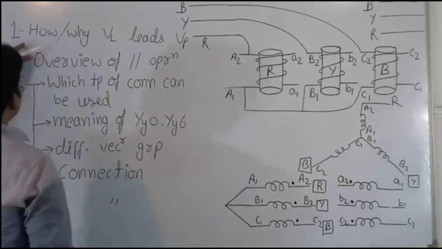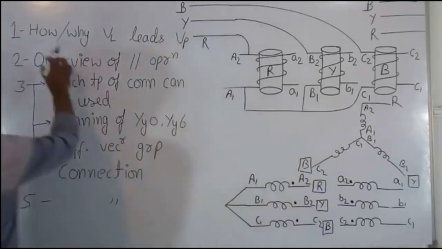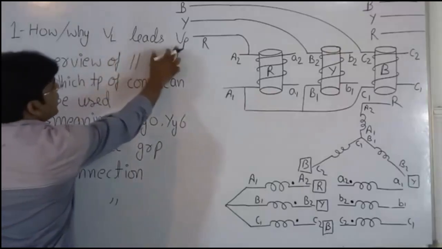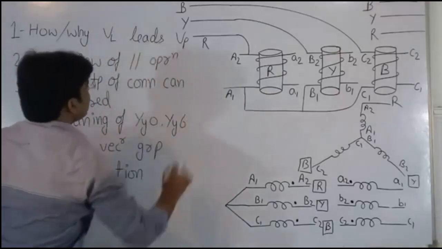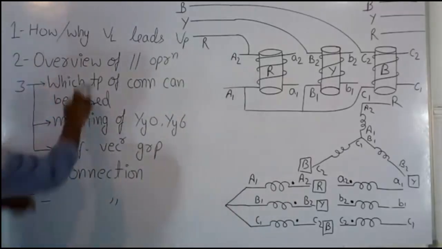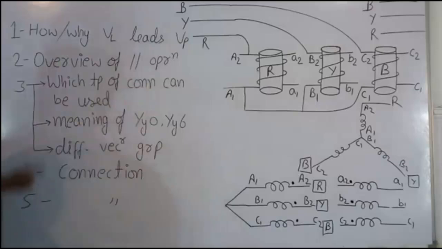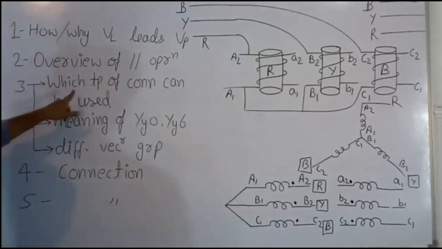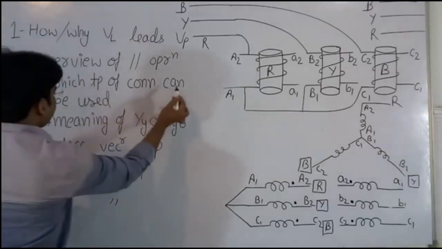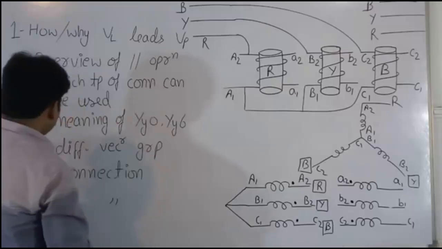So in part 1, I will tell you how and why line voltage leads phase voltage Vp in star connection. In part 2, we will see an overview of parallel operation. In part 3, we will see 3 points. First, which type of connection can be used for parallel operation?